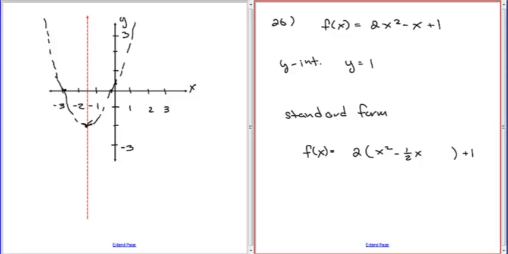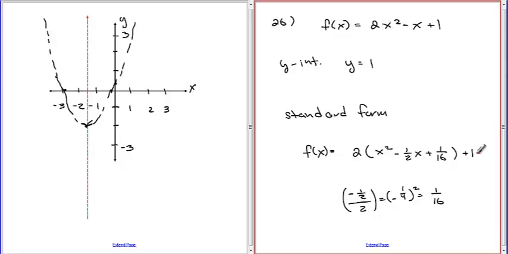Okay, so what you do is you take the coefficient, negative 1/2, you divide that by 2, and you square it. So what is it if you divide by 2? You get negative 1/4, and you square that, which is positive 1/16. So that's the number we had here, plus 1/16.